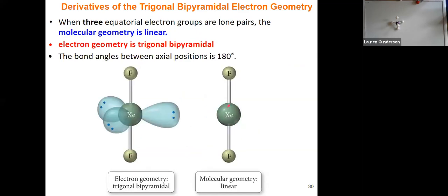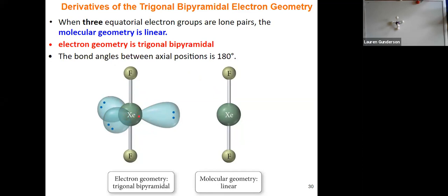Okay, and then our third derivative is a linear shape. In this case, all of our equatorial positions have been replaced by lone pairs. Our lone pairs are the only thing surrounding the equatorial position of our central atom.